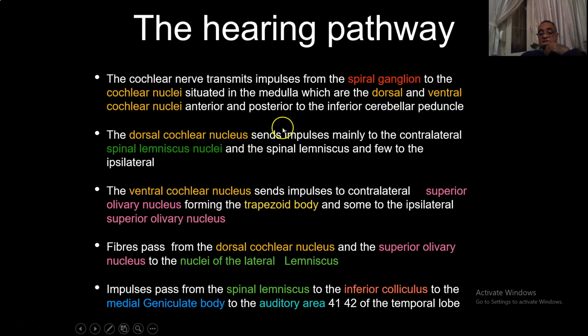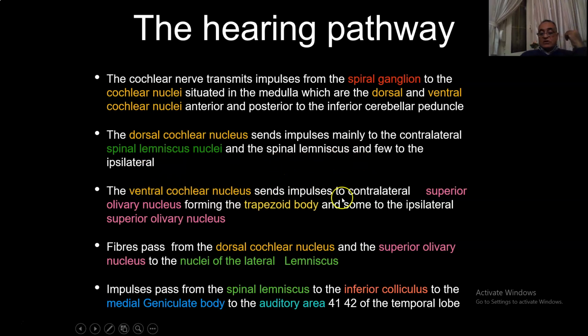The dorsal cochlear nucleus sends impulses mainly to the contralateral nuclei of the lateral lemniscus, and a few to the ipsilateral, forming the lateral lemniscus.